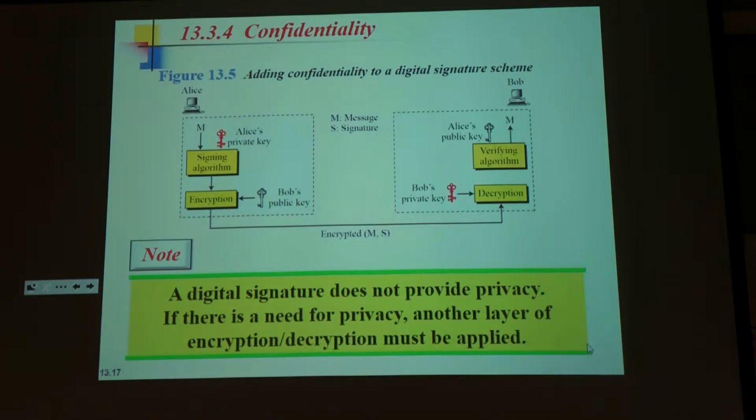Any asymmetric algorithm. What does it mean? A public and private key algorithm. Examples: RSA, ElGamal, elliptic curve. We studied them before. Any one of them will work.